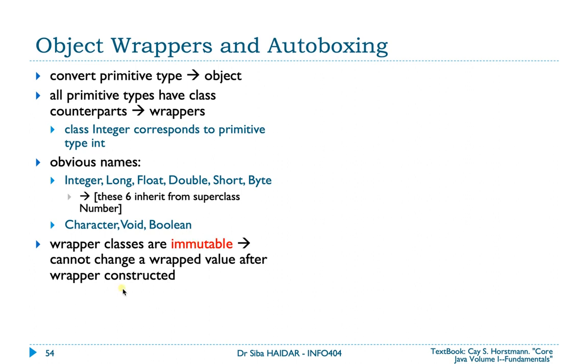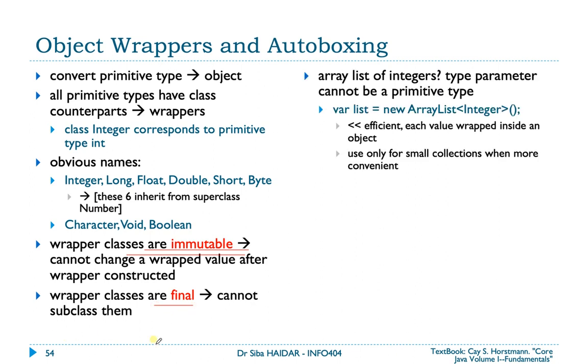This is an information that is unknown by a good number of programmers, that if you wrap inside a wrapper class, the object will become immutable, and we will see an example just after our listing. And you must know also that wrapper classes are final, so you cannot subclass them.